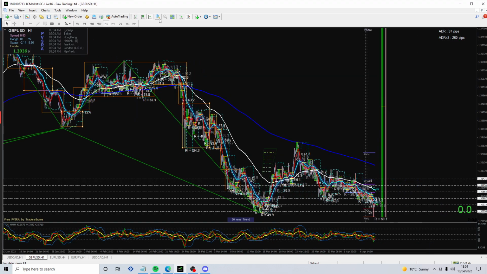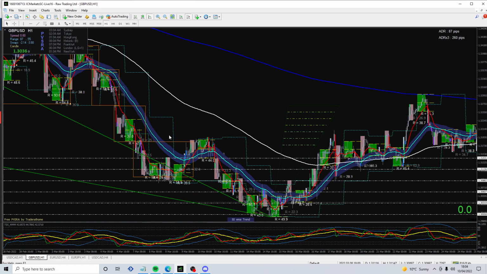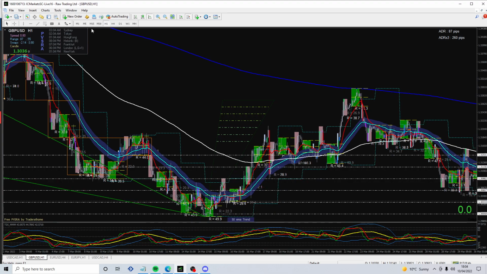Reset. There's a lot of resets when stupid shit like this happens in the world. Now, again, I won't trade it, but I'm just demonstrating. Now that were more than likely a 260 pip move. No, 140. So you got a reset, and you got 2 levels. Reset 1, 2.